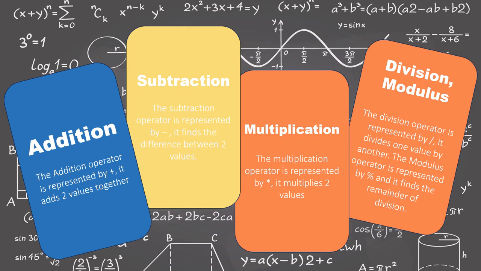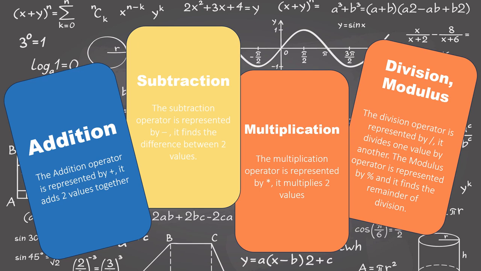So, the arithmetic operators. To start with, addition. The addition operator is represented by the plus sign. It adds two values together, which we already know. Now, subtraction and multiplication are just the same, as well as division. The subtraction operator is represented by the minus sign.